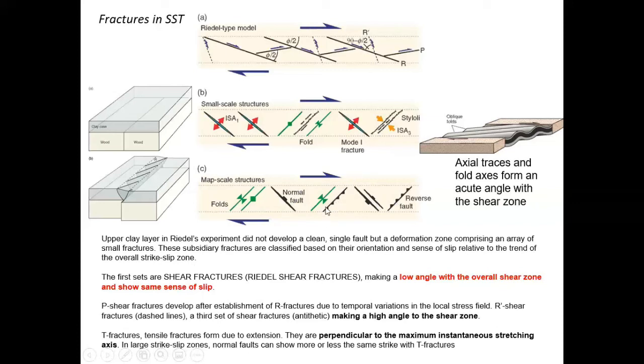And reverse and thrust faults, compressional structures, will form perpendicular to the direction of maximum compression, sigma 1. So that way, all together, just by using shear fractures at the surface, you can start from small scale, go to outcrop scale, and you can even get some conclusions about regional scale.